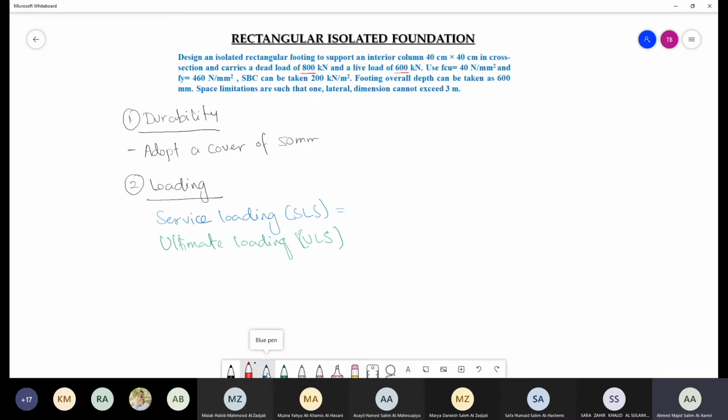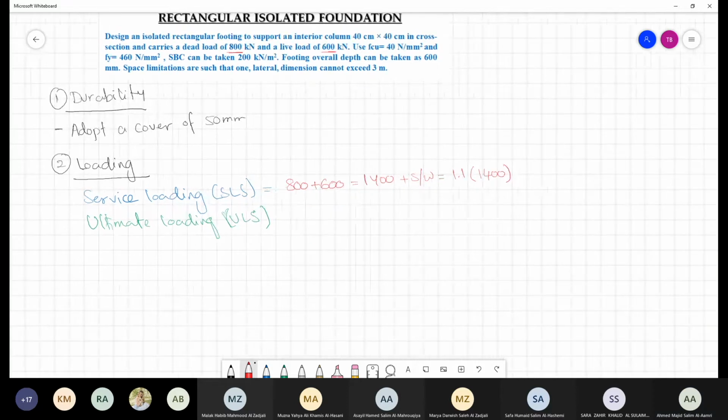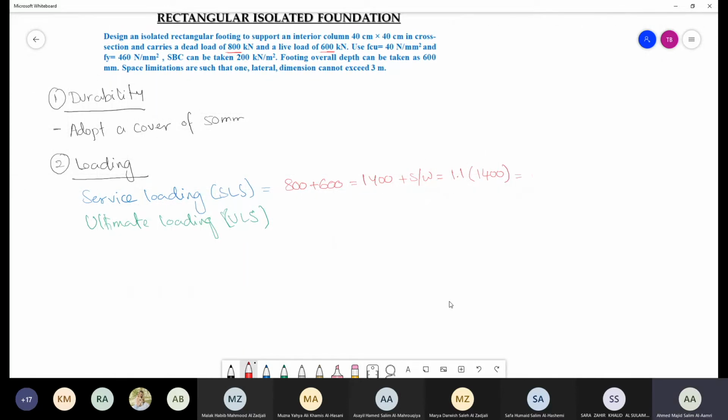So it is 800 plus 600, which is 1,400, plus there is a self weight, so it is going to be 1.1 into 1,400, which will be around 1,540 kilonewton. So my service loading, which will be used for the calculation of area, is 1,540.